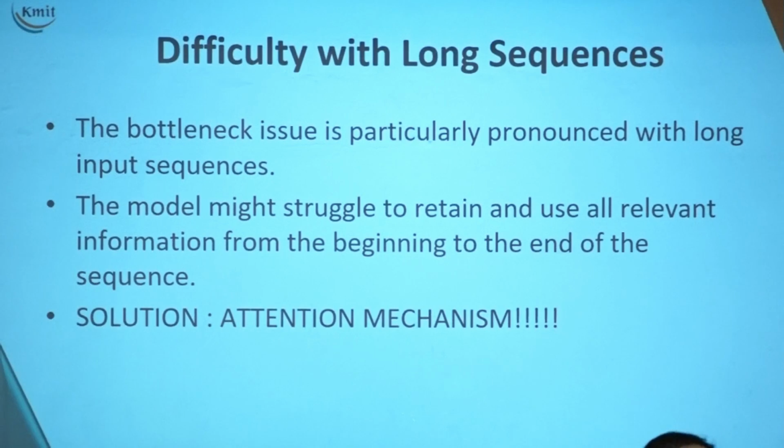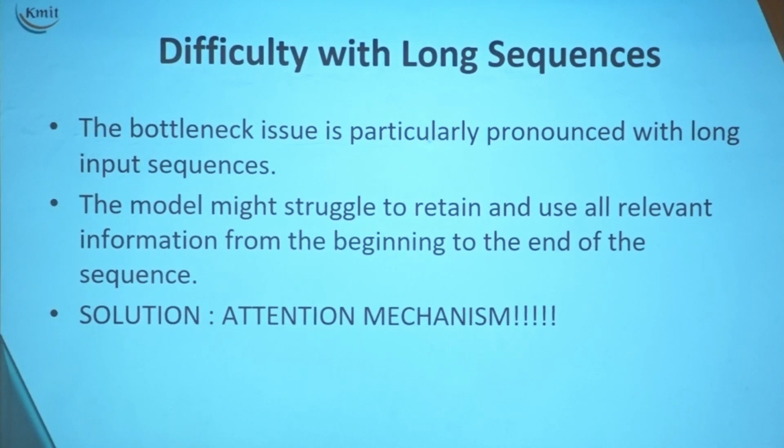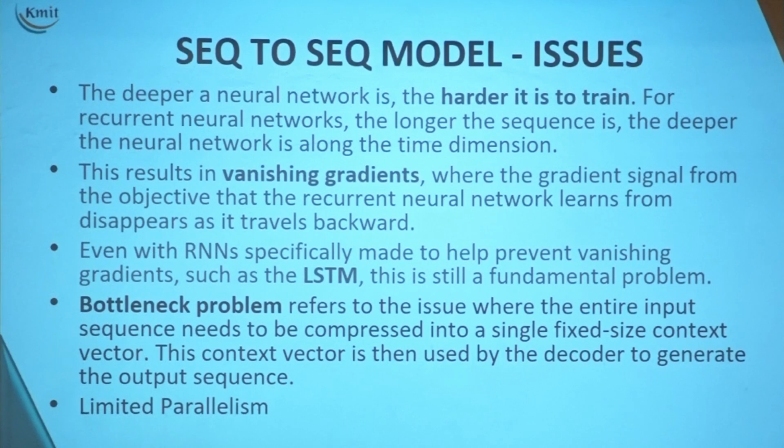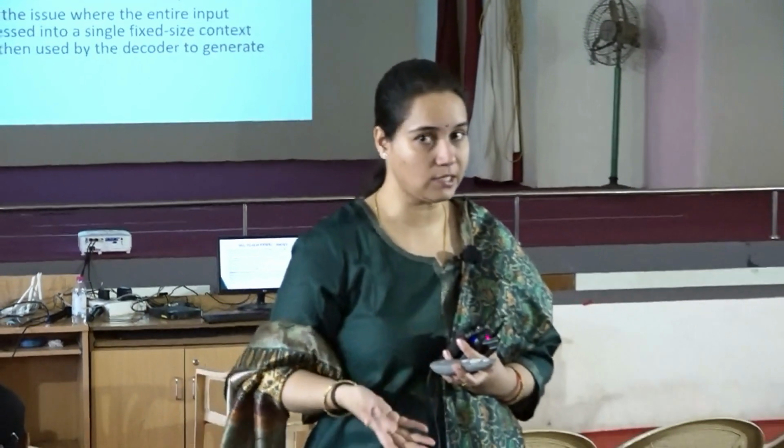So, what is the solution to these issues? It is nothing but the attention mechanism. I'll go back to this particular slide. Suppose two of your classmates are talking while I am teaching. I raise them up and ask, see what I am teaching. Very quickly, as we humans are, you just look at the slide. There are so many sequences on the slide.